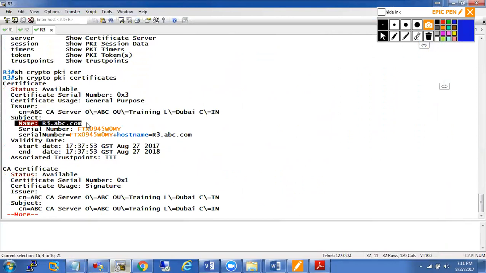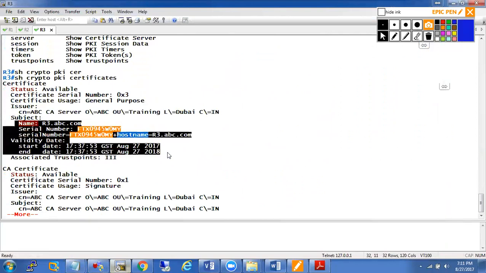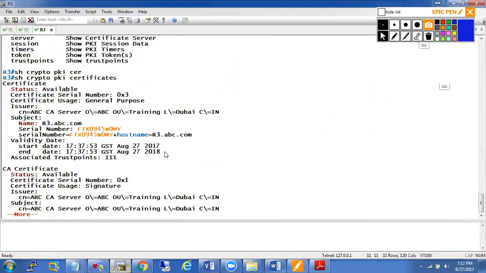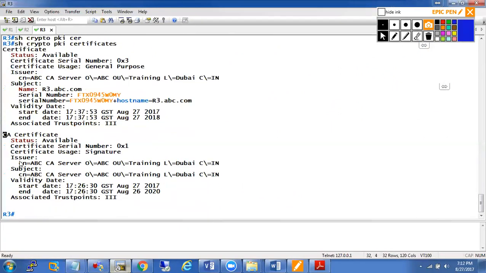The name of my certificate is r3.abc.com. The validity is for 1 year. All right. This is the CA certificate that I have, which is basically for this guy, ABC CA server. This is a self-signed certificate. Got it, Deepti?